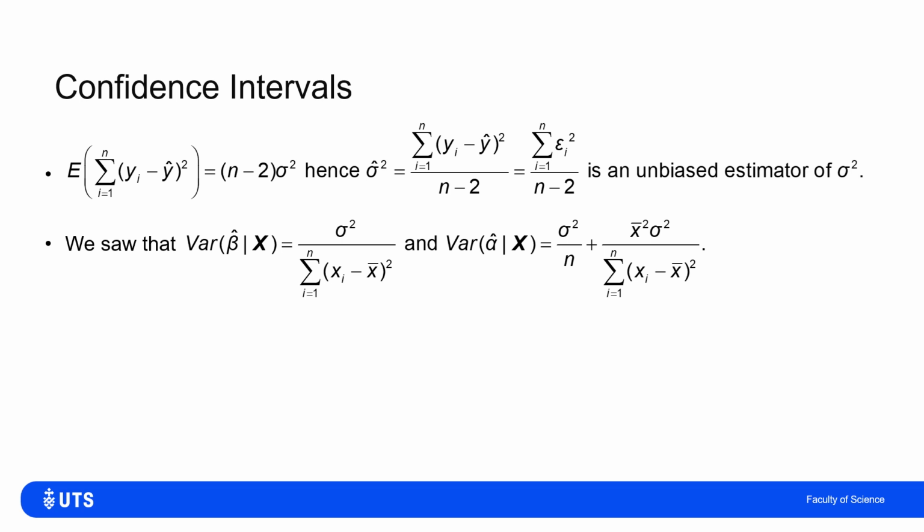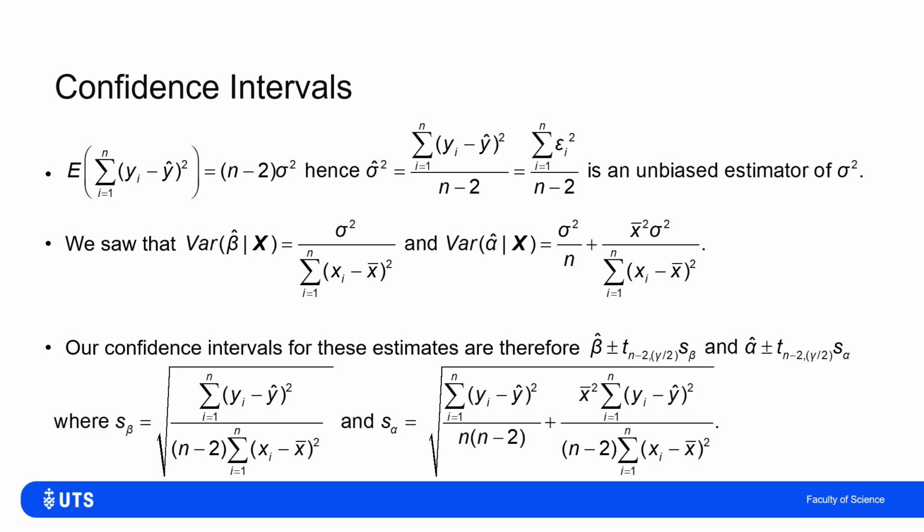Now again, pause this if you want to go through the details. I'm just going to present this fairly quickly to avoid talking you through every term. But we've seen the variance of the estimators alpha hat and beta hat in this simple linear regression model.